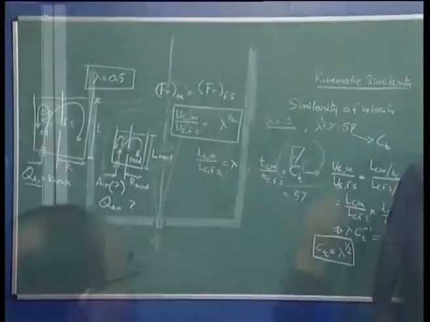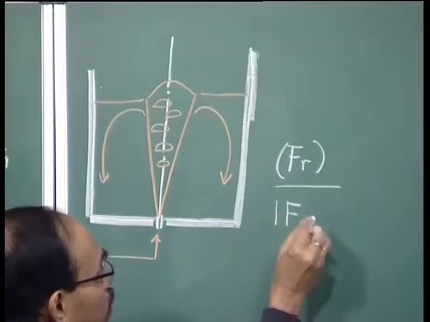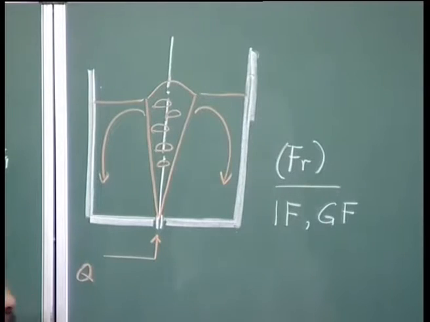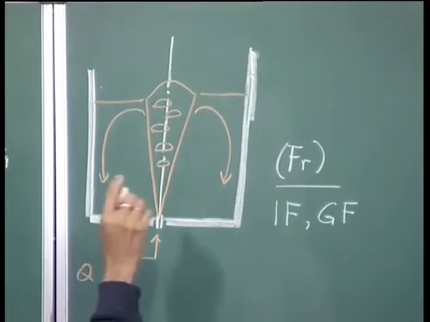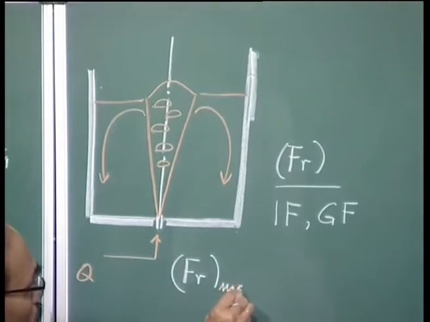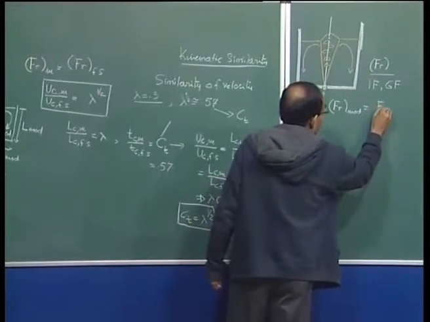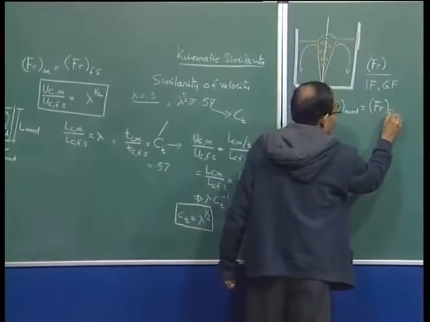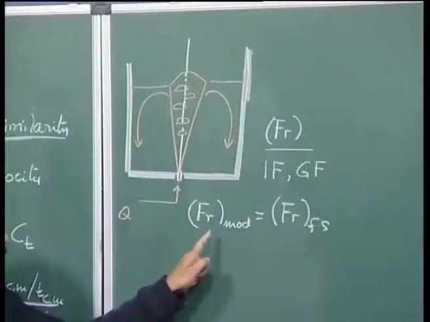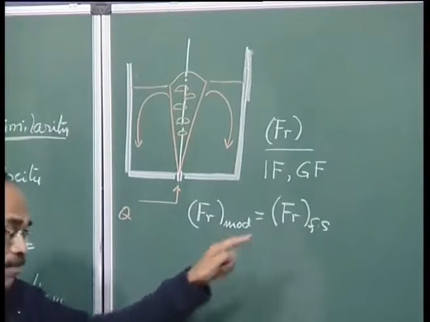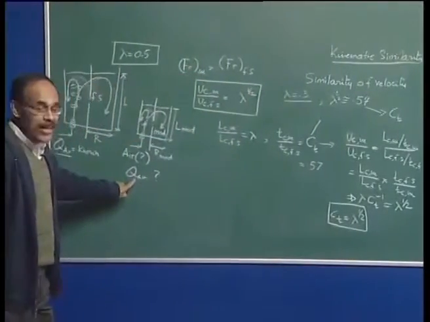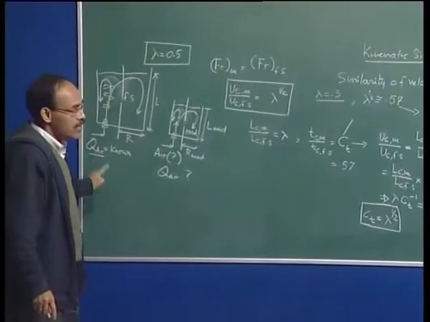In this system, we have inertial forces and gravitational forces which are important, and the modeling criterion is solely expressed in terms of the Froude number in the model being equal to the Froude number in the full scale. I am going to show that by considering the equivalence of the Froude number between the model and the full scale, an expression for the model flow rate of gas can be found in terms of the full scale gas flow rate.